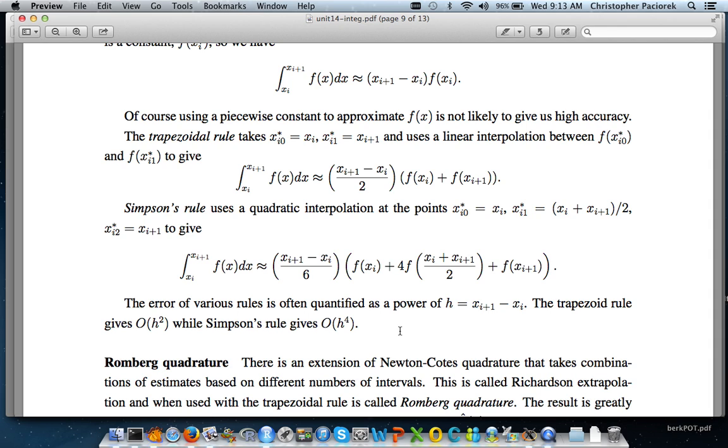So in some sense, many of our quantifications of how accurate any given calculation is has to be done in terms of some unit of currency, and the currency is often how long it takes, or in some cases that could be expressed in terms of how many evaluations of a function have to happen. So if you think about doing the trapezoid rule versus doing Simpson's rule, in this case, for each interval, we have two function evaluations that have to be made, except these are the endpoints of the interval, so if we then do the next one, we've already done the calculation for one end of the interval.